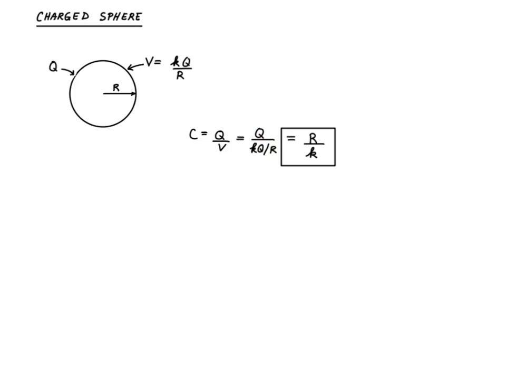So you notice now that the capacitance only depends on the radius. So the bigger the sphere is, the more charge it can hold. So, for example, given a sphere with a radius of 1 meter, the amount of capacitance would be 0.1 nanofarads.